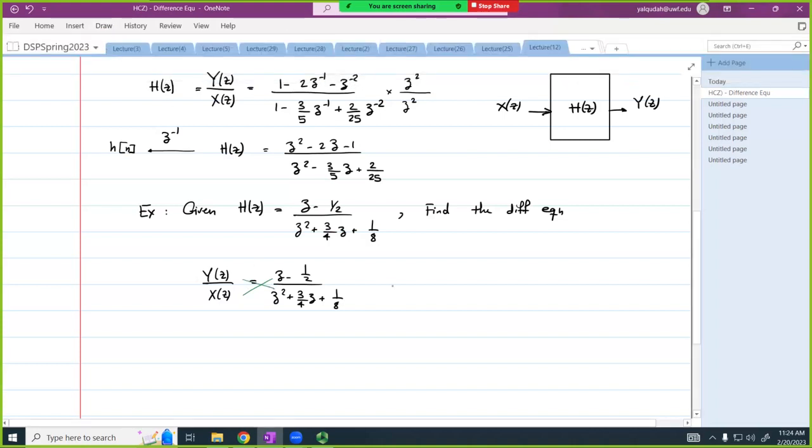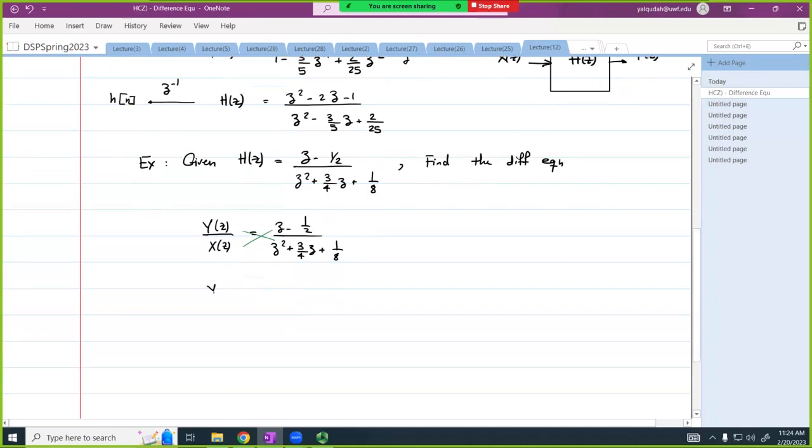And that will give me Y(z) multiplied by (z^2 + 3/4 z + 1/8) equal to X(z) multiplied by (z - 1/2).